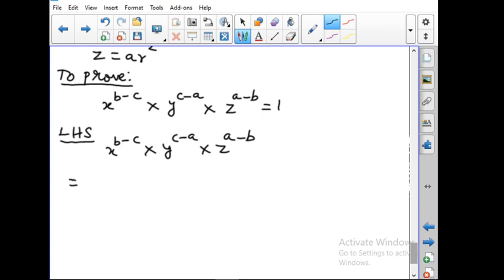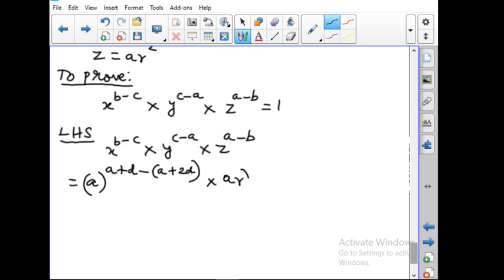What is our X value? X value is A. So A power B minus C, B is A plus D, minus C is A plus 2D, into Y is what here?